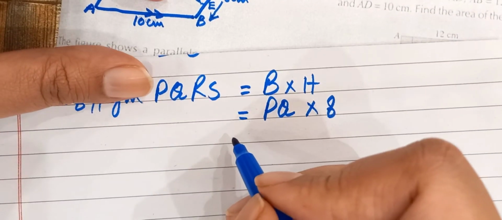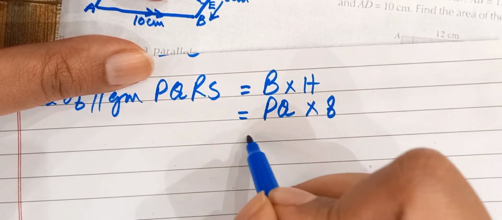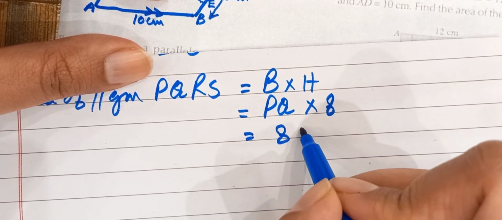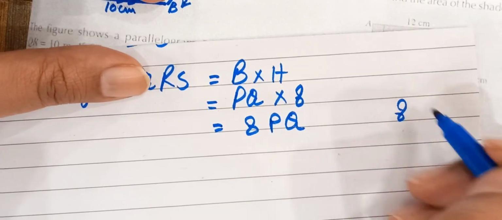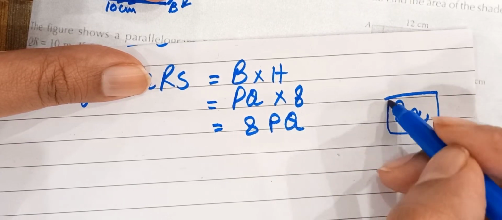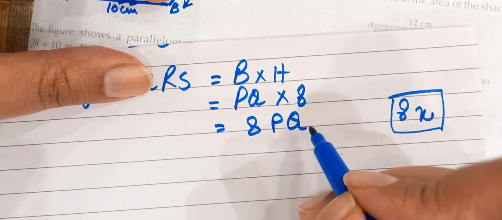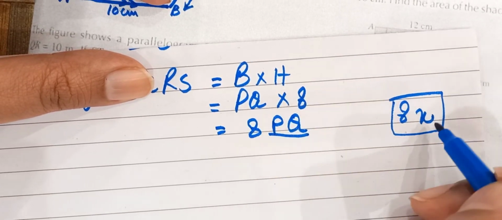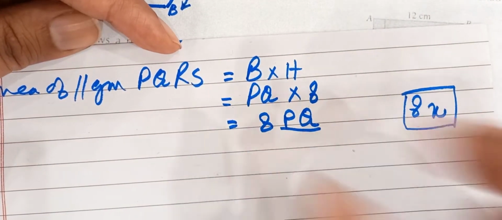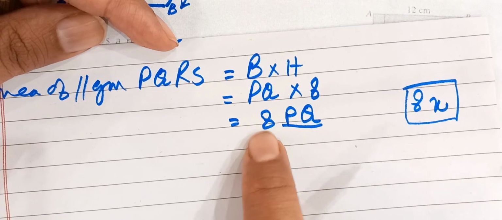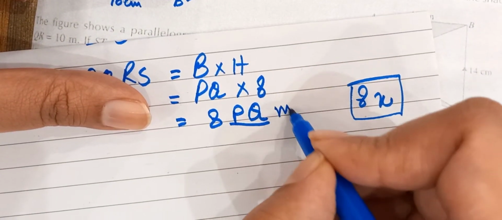So the area would be 8 PQ. Or I can replace PQ with X, but I find it more convenient to write PQ here. Just consider that it is a variable, it is X. If you find X convenient, you can replace it with that. Now I can do nothing more in this, and I will write meter square.